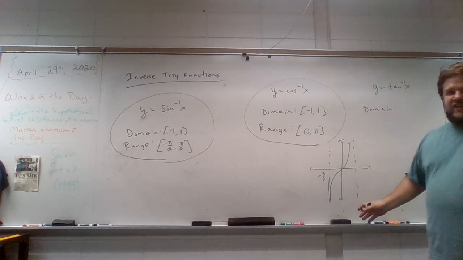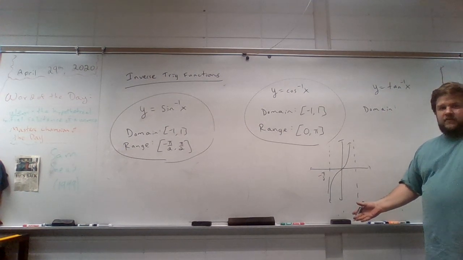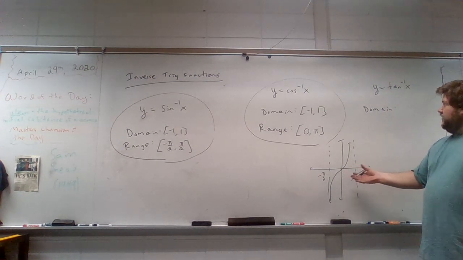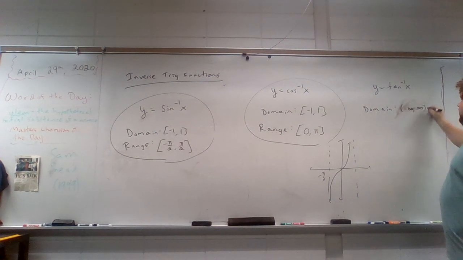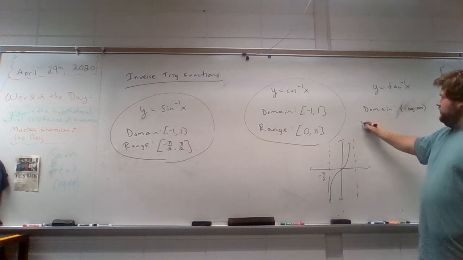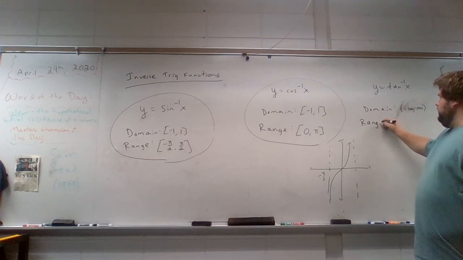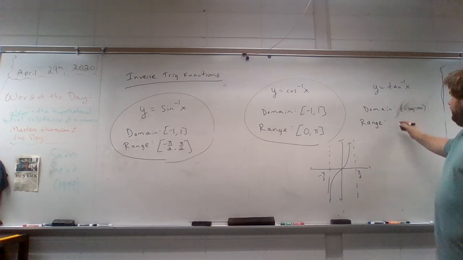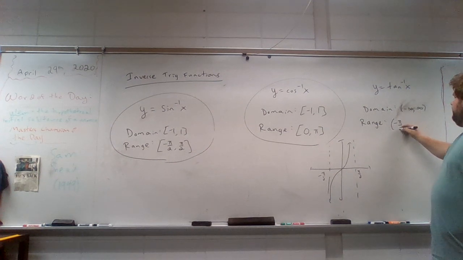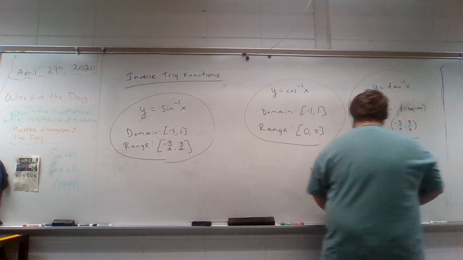So remember how I said for y equals tangent x, the range was all real numbers. So your domain is actually all real numbers for your inverse. Maybe I'll just write that as negative infinity to infinity there. And your range is going to be from negative pi over 2 to pi over 2. Non-inclusive.